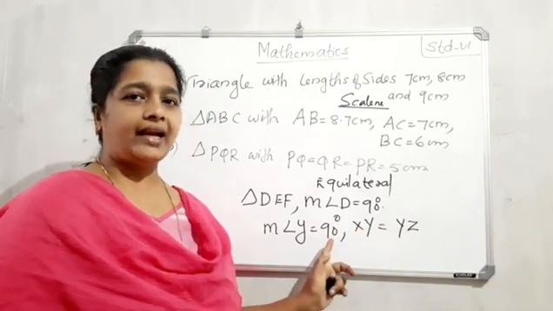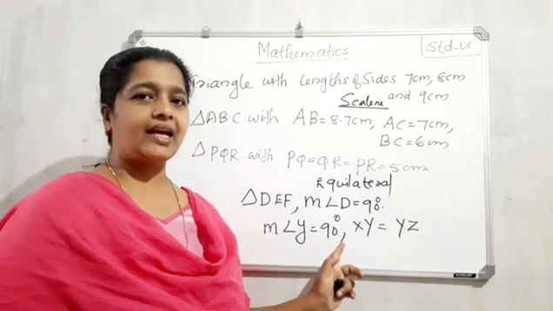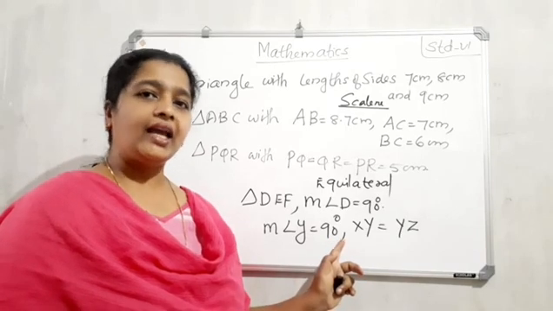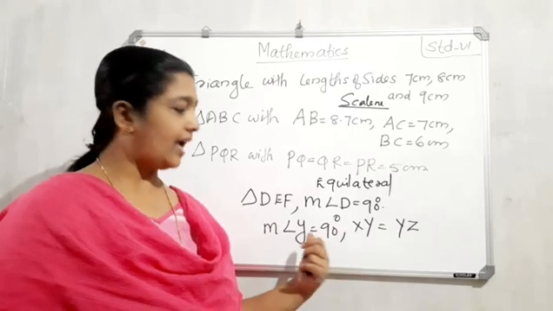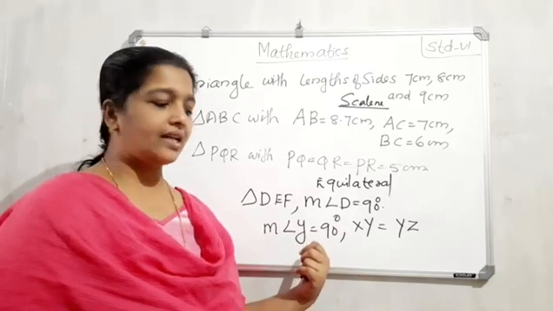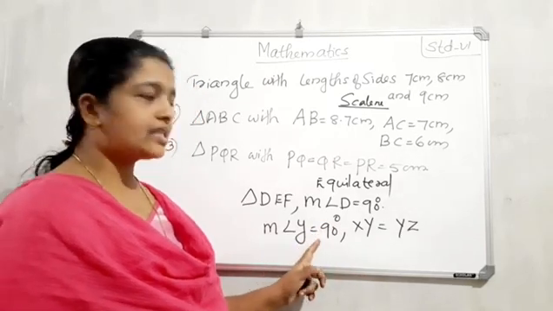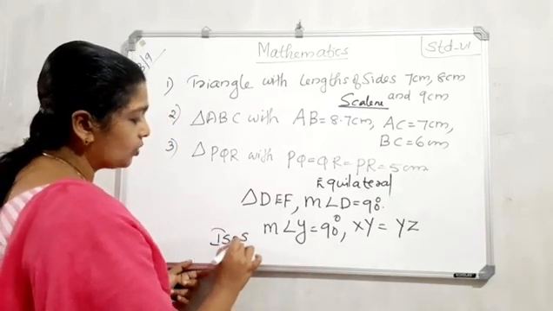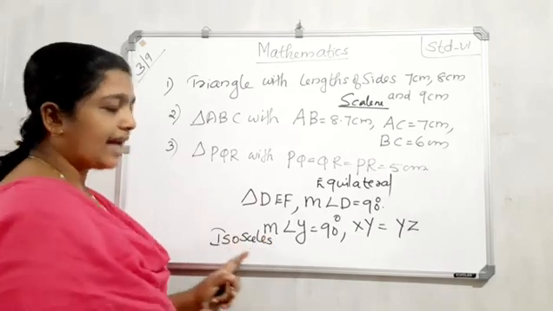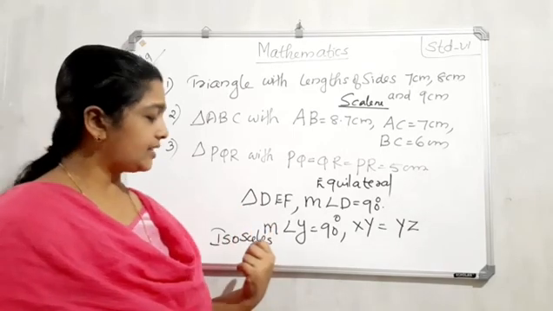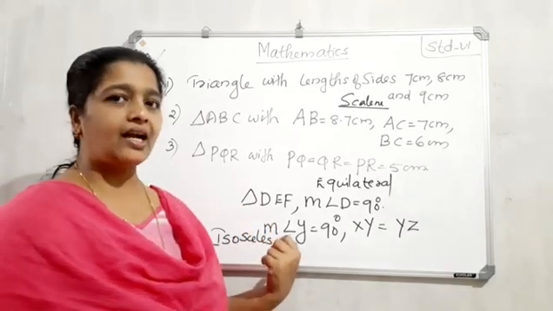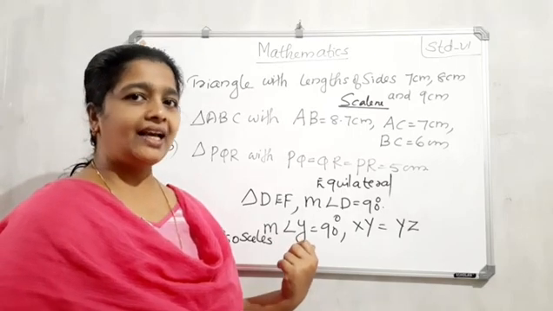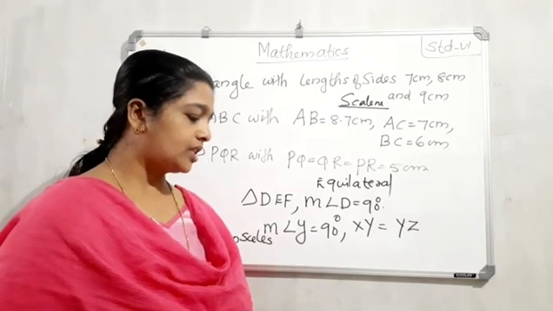If two sides are equal, we can say that type of triangle is isosceles triangle, and the angle is 90 degrees. So we can say isosceles right angled triangle. How can we represent it? Isosceles right angled, join and say isosceles right angled triangle. Clear? Yes. One last question.